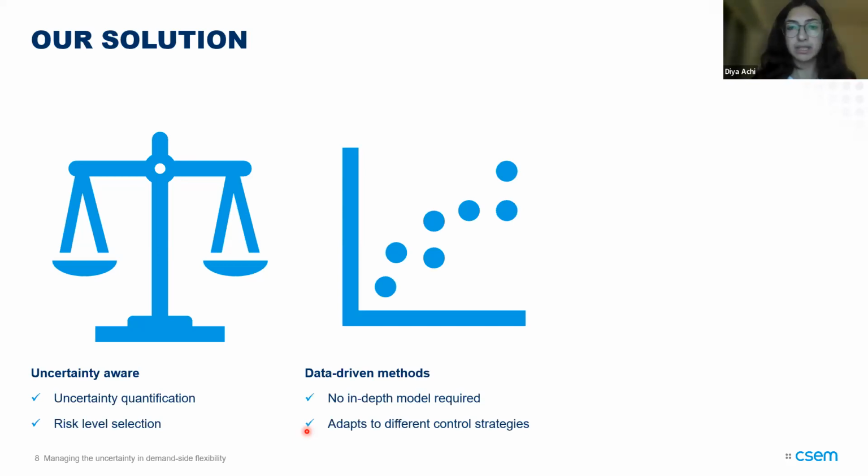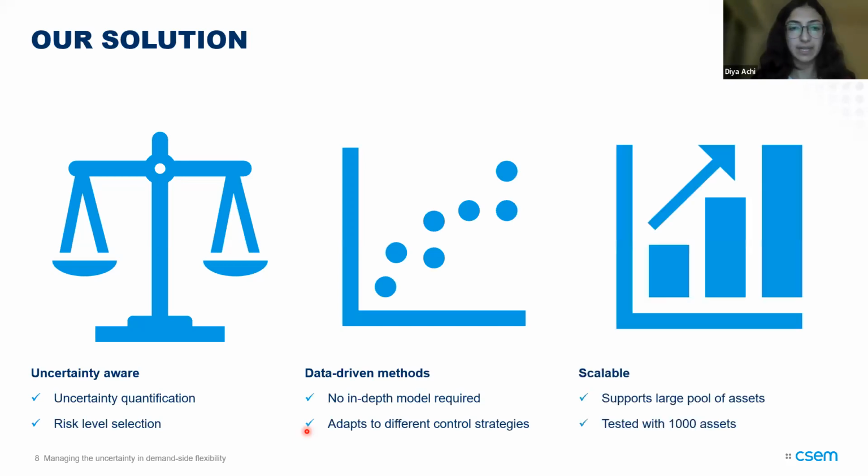This means that we do not need to go in depth when modeling any assets. We do not need to model them individually or know the full physical model. And we can easily adapt to different control strategies, for example, self-consumption in a stationary battery. And our solution is scalable, so it can support large pools of assets, and it has been tested in simulation with 1,000 assets.